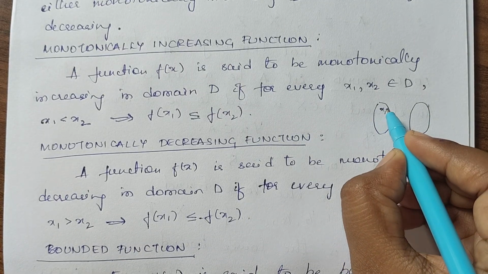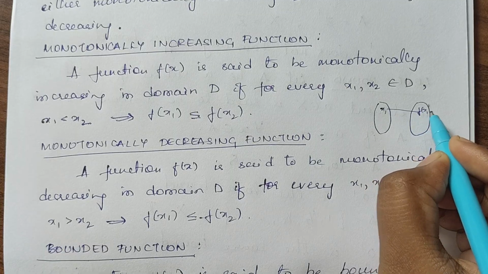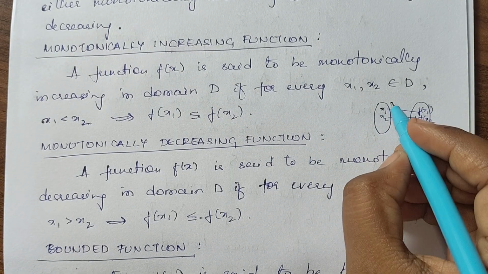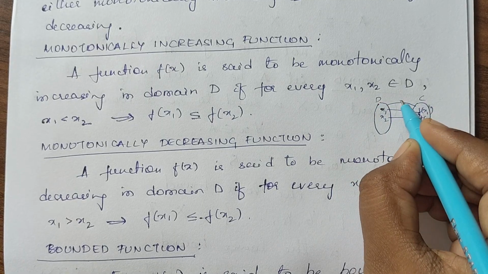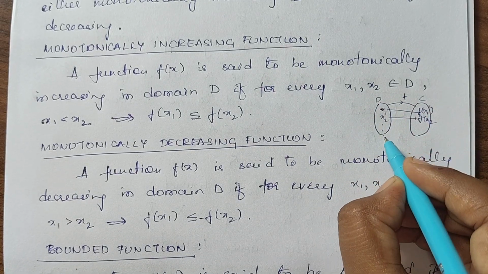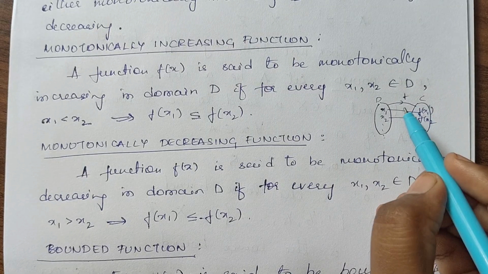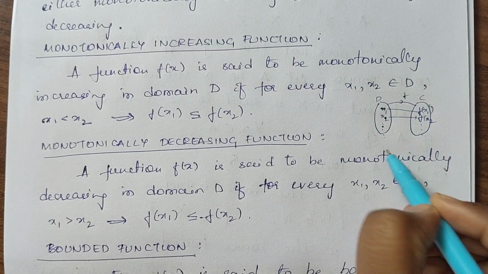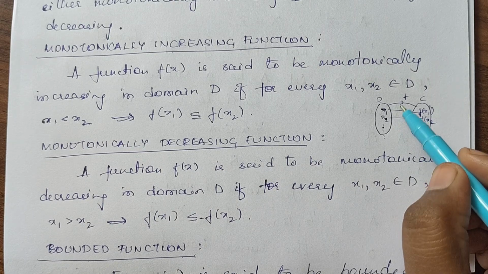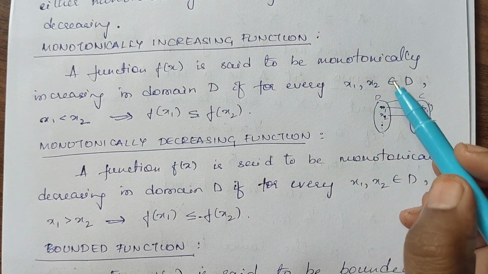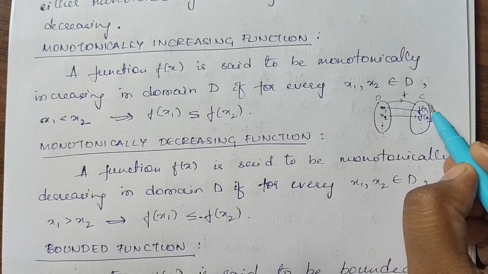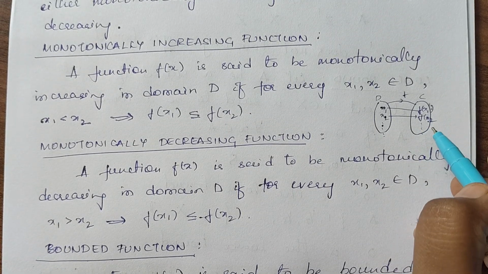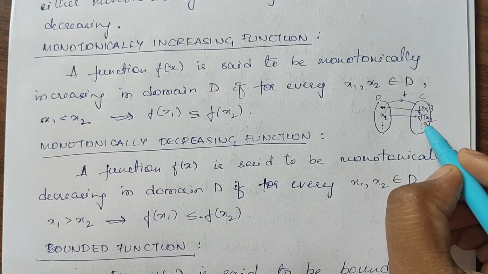See, if x1 is mapped to f of x1, x2 is mapped to f of x2. Okay, so this is the domain and this is the codomain and this is f, and this continues. And here x2 is greater than x1, x3 is greater than x2, and it continues. Then what is this monotonically increasing telling? f of x2 should be greater than f of x1, f of x3 should be greater than f of x2, and at last it can be equal to.